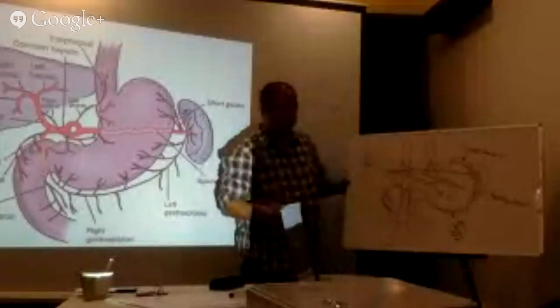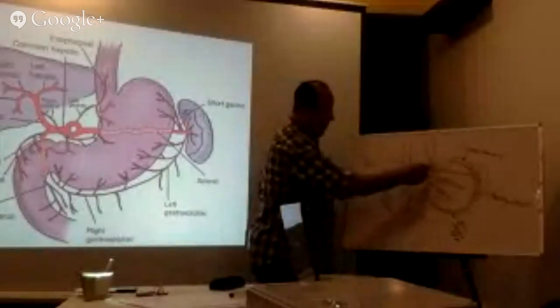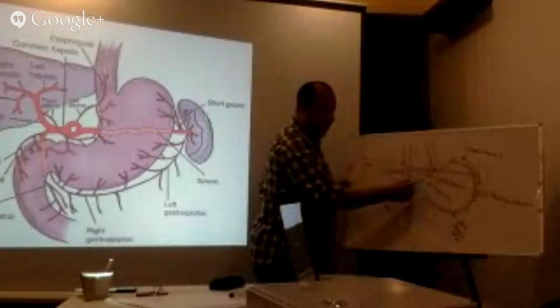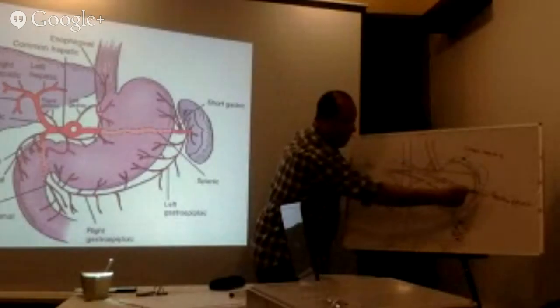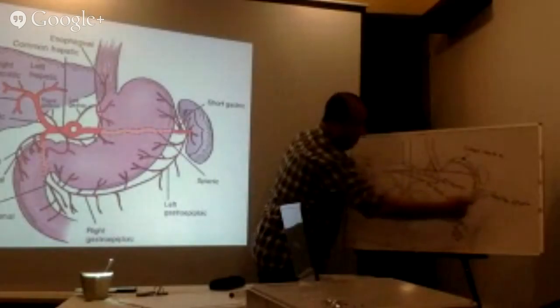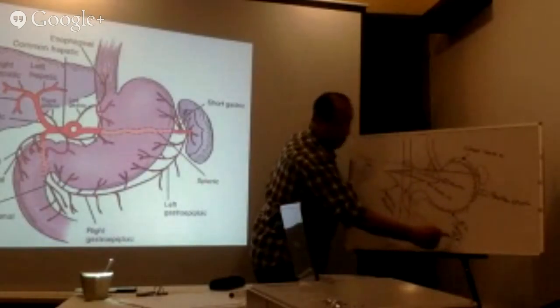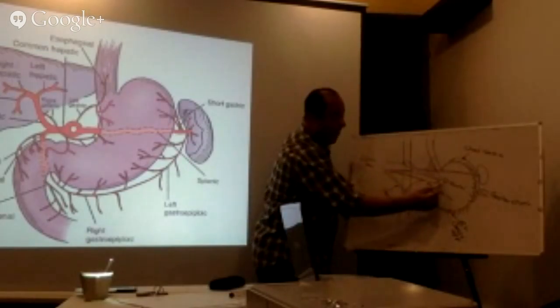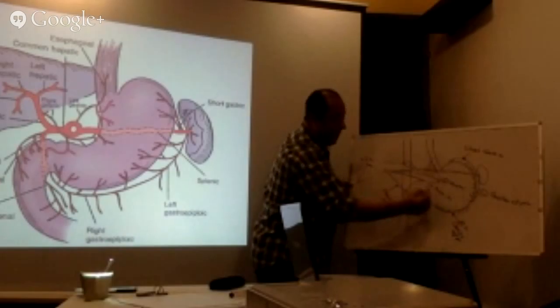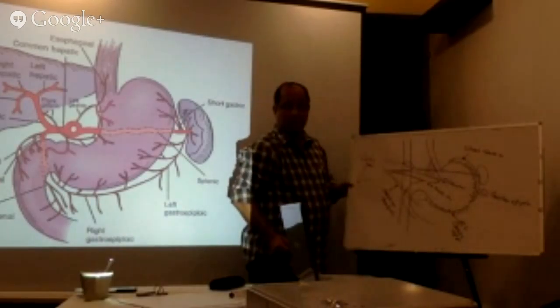Let's just make it simple, guys. We do it like this. This is the lesser curvature, and this is the greater curvature. The greater curvature has the left gastroepiploic artery and the right gastroepiploic artery. The lesser curvature has the left gastric artery and the right gastric artery.